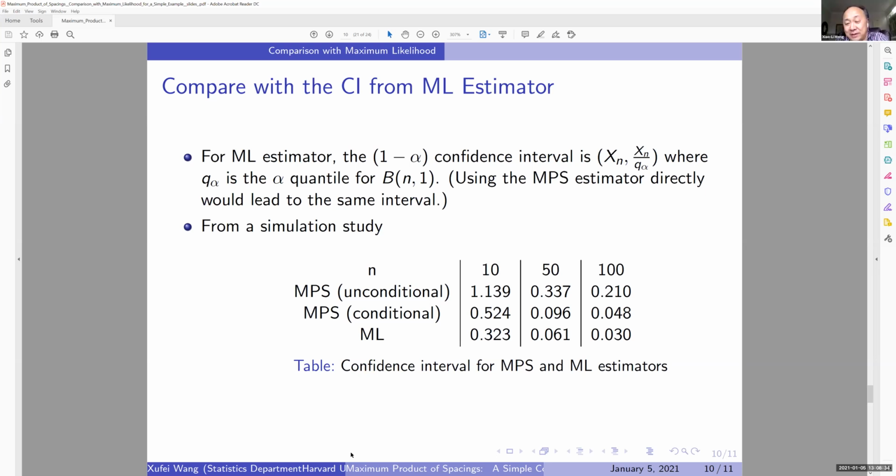We don't know if some other method beats MLE. Now I've lost trust in whether MLE is the best one here. But MPS, the criteria was able to lead to a point estimator that does better, at least it automatically corrects bias and gets a smaller mean square error, but the criteria doesn't lead to a better confidence interval.